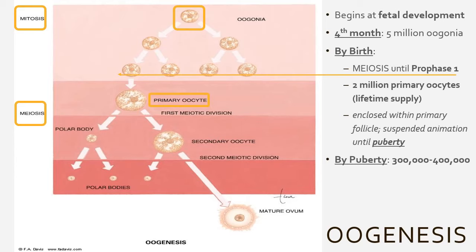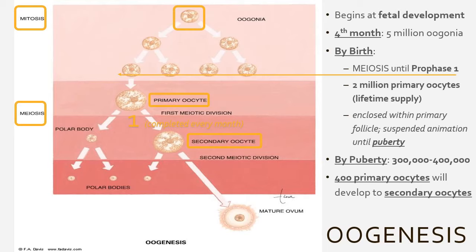From birth to puberty, the number of primary oocytes decreases to around 300,000 to 400,000. An average of 400 primary oocytes will actually complete development and proceed to the first stage of meiosis. This is completed every month.